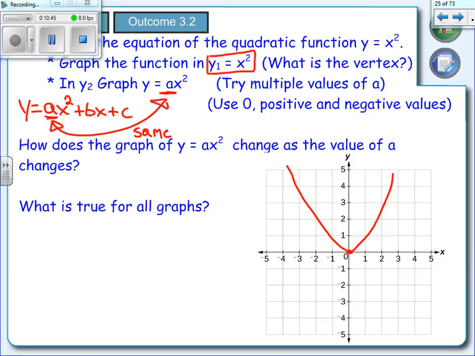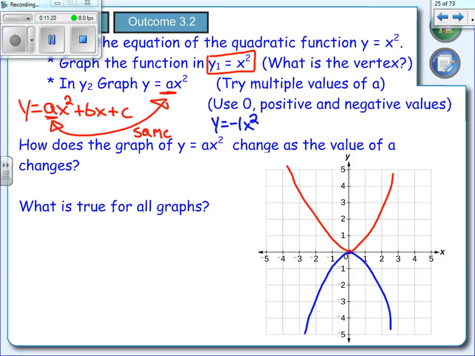Just to prove that it does the same thing, we're going to try and pick an A value of -1. So we're going to say y equals -1 times x squared. And if you graph that, you'll notice that your graph is now upside down because a negative value flips your graph. Other things that A value can do.